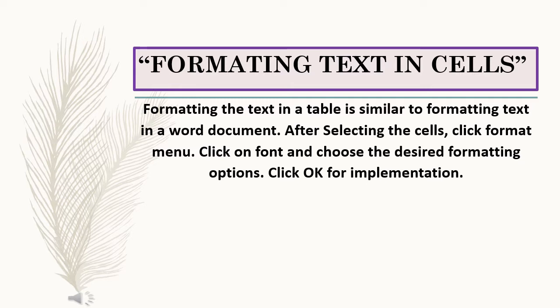After selecting the cells, click the Format menu, click on Font and choose the desired formatting option. Click OK for implementation. If the formatting is the same for all the text in a table, you can select all the blank cells first, apply formatting and then enter data.